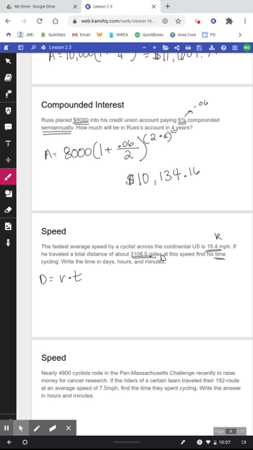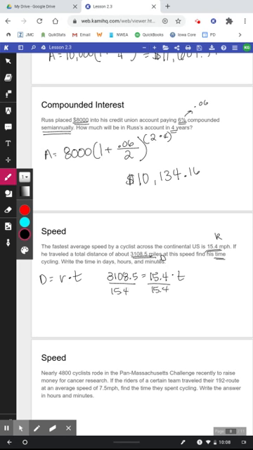Okay, so we'll start with our distance is 3,108.5. And my rate is 15.4 times time. Divide each side by 15.4. And my time is 20.16 hours.